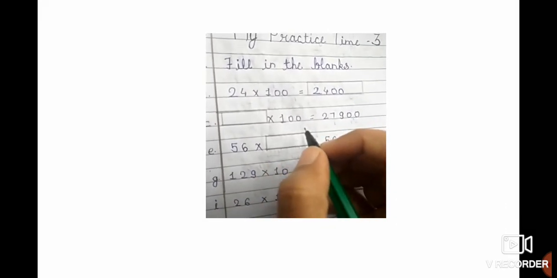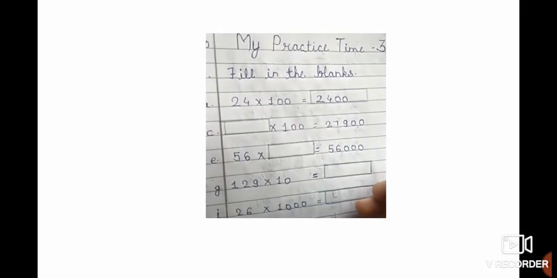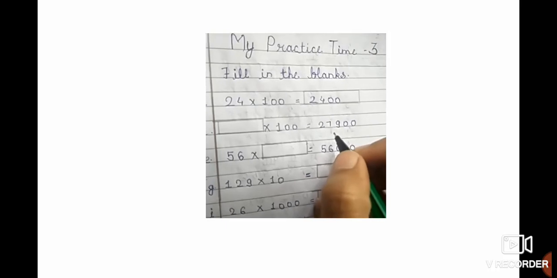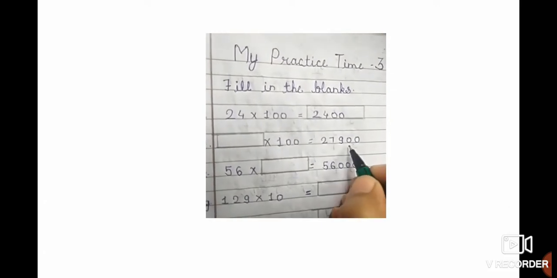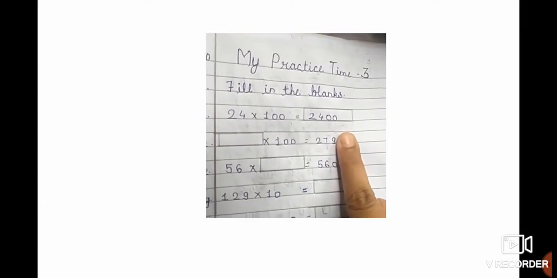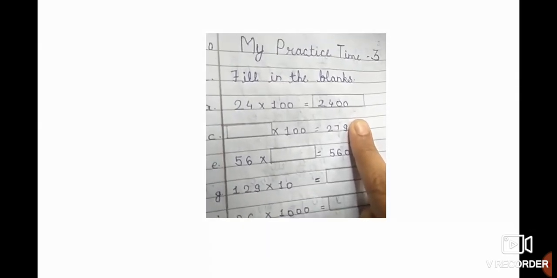Now students, we are going to solve C1. Dash into 100 is equal to 27,900. So students, here in answer we can see that 27,900 is there, but now what we are going to see here, we can see that if we keep our finger on these 2 zeros, or suppose if we cut 2 zeros, which number do we get? 279, right?